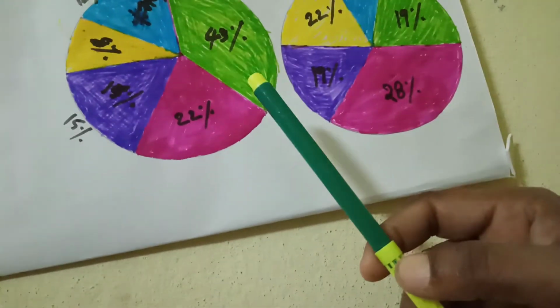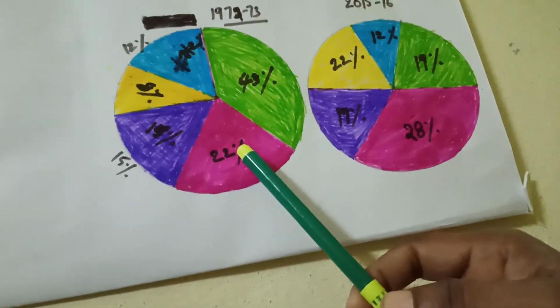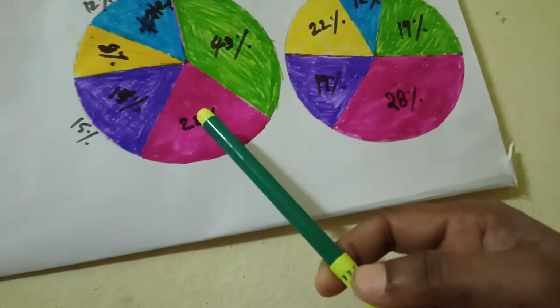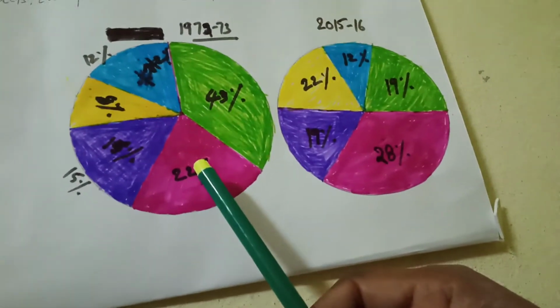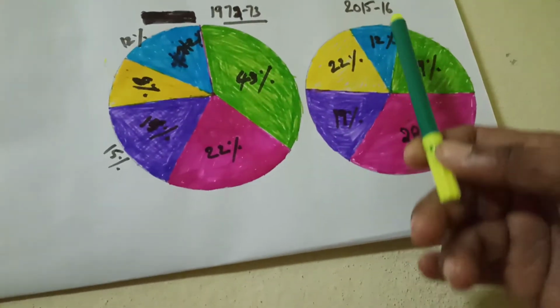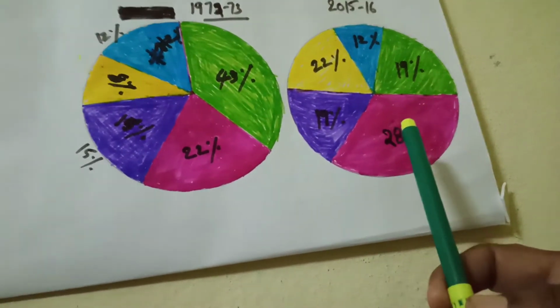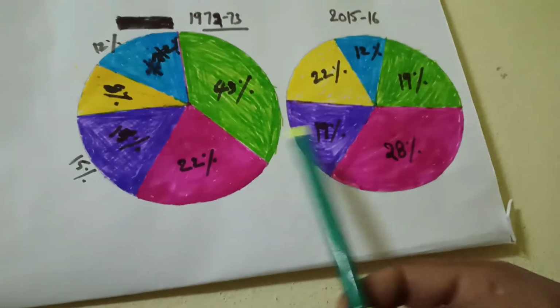And in industries, in 1972-73, the industrial sector occupied 22%. But when compared to the 2015-16 GDP, it slightly increased.